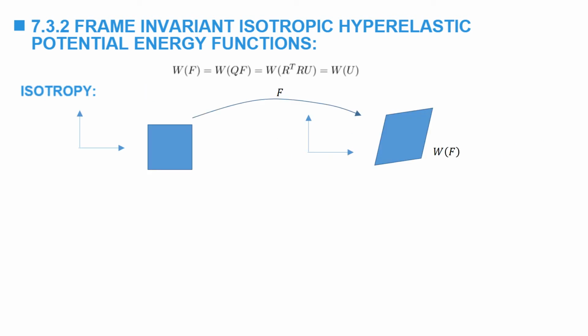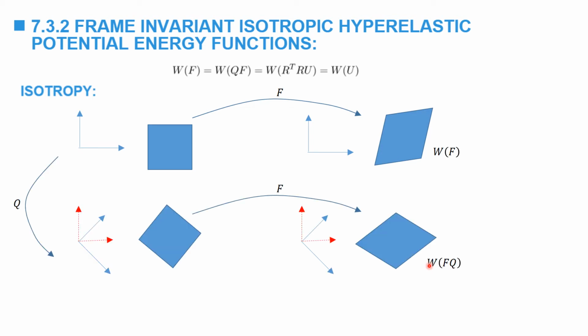We will now consider that the material is isotropic. Of course, you can extend this, you don't need to use isotropy, but we're just going to present the case of an isotropic hyperelastic material. So if it's isotropic, what does that mean? It means given a reference configuration, I can apply a deformation gradient F and get a deformation, and the energy is a function of F. If I choose to do a rotation and then apply the same F, then the energy is equal to W of FQ.